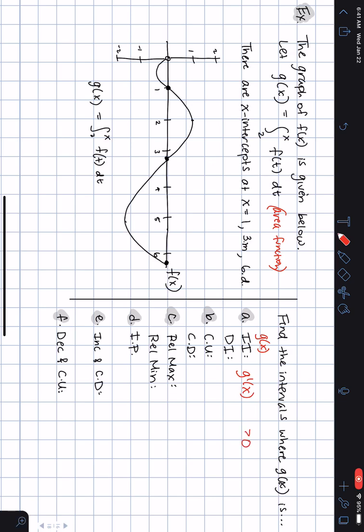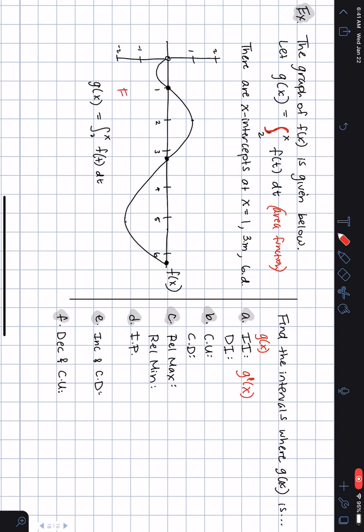But notice right away that since g is an integral right here, and now we're dealing with its derivative right here, what immediately kicks into play when I'm doing the derivative of the integral? If you said FTC II, you'd be right.